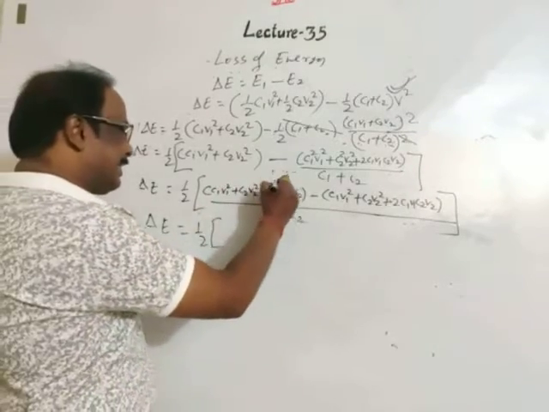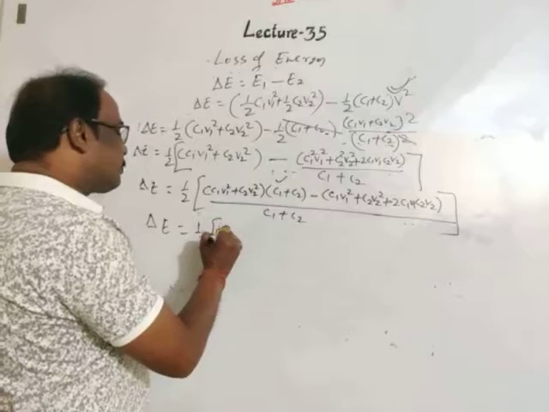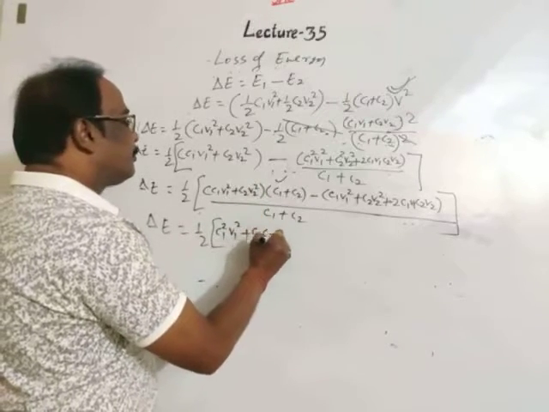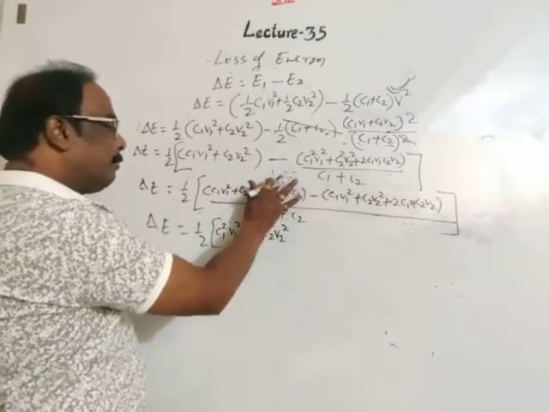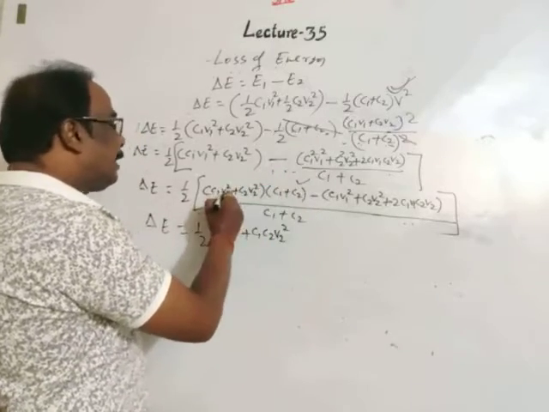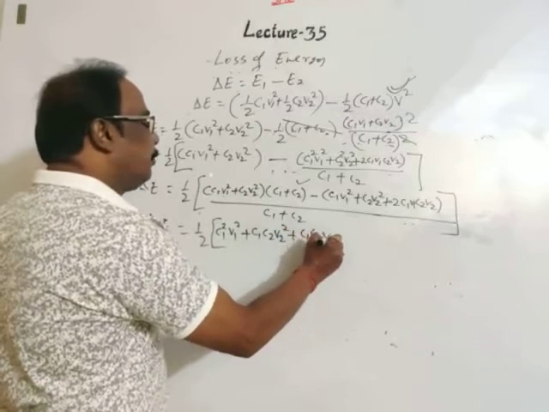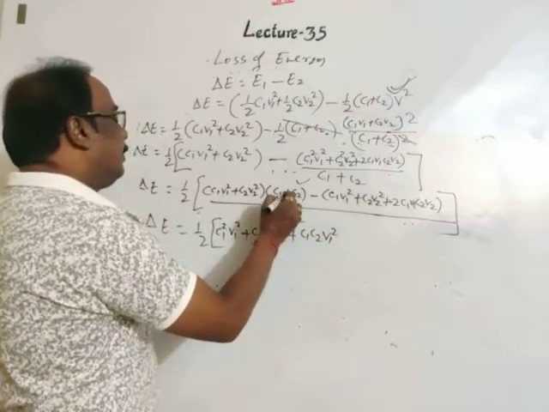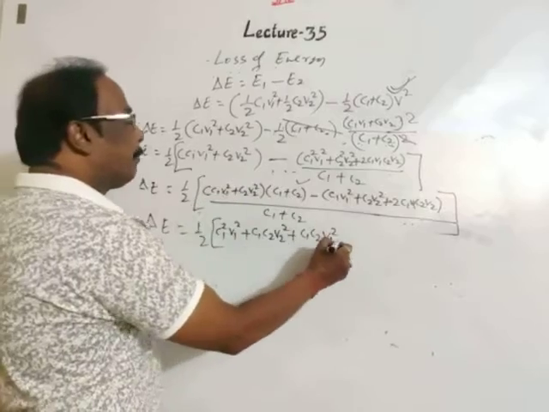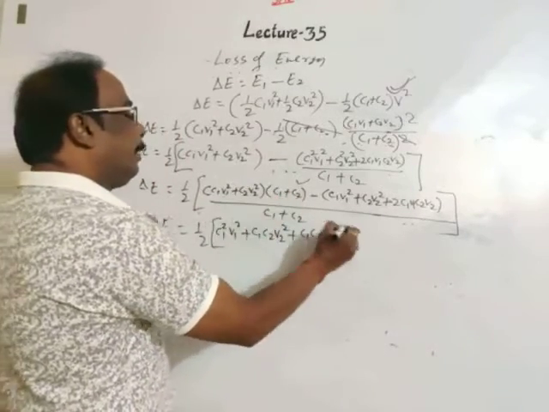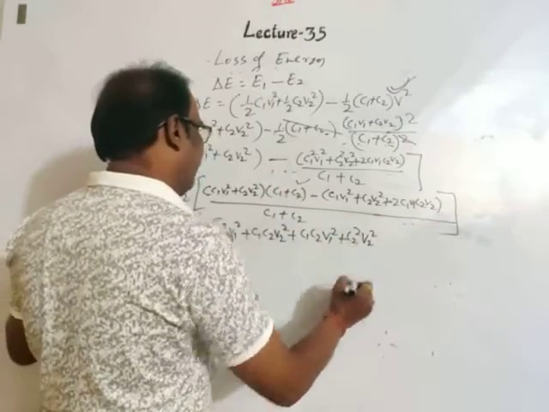First multiply C1: C1 square V1 square plus C1C2 V2 square. Then multiply C2: C1C2 V1 square plus C2 square V2 square.